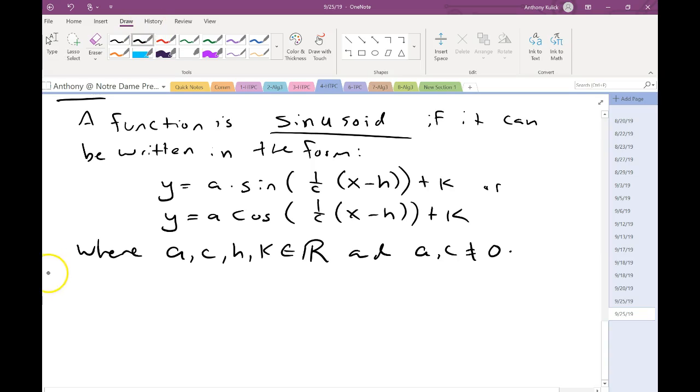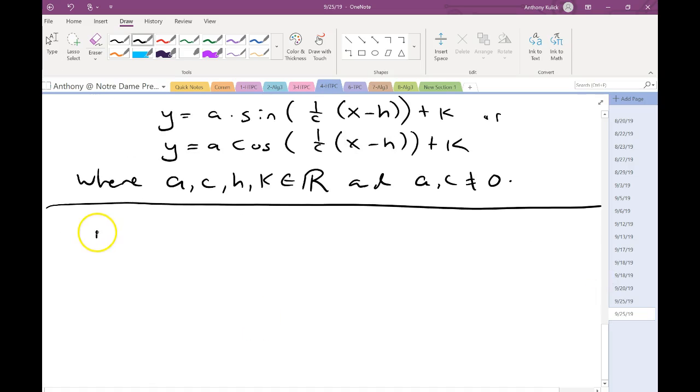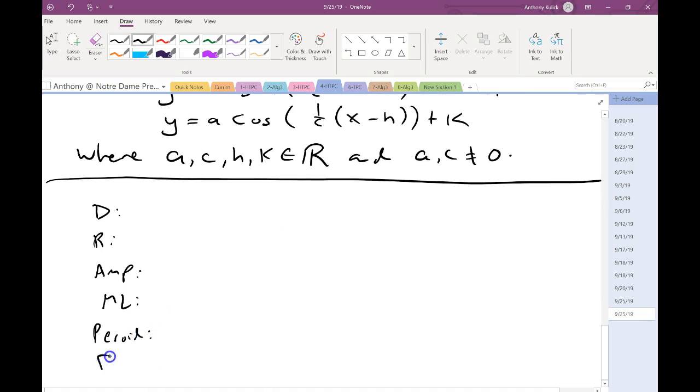Yeah, all right. You're not impressed still. So, what if I want to do the domain, range, amplitude, midline, period, and frequency for these transformational functions?